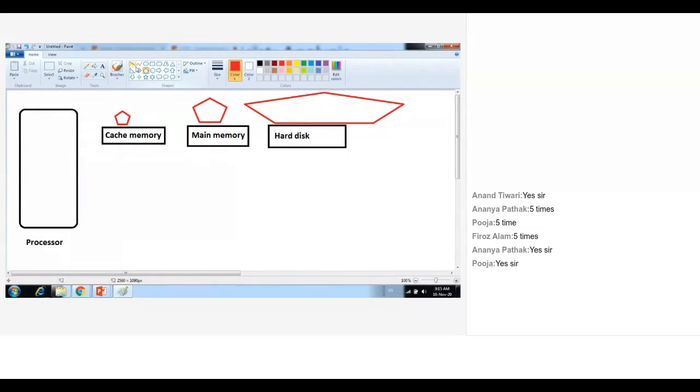She will go from the hard disk to main memory, and then that data will be transferred from main memory through cache memory, and once it is done, from cache to the processor, right? Got it? This is the process.